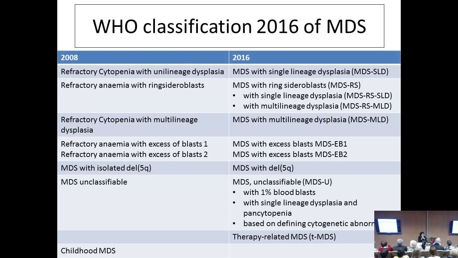And then there is the category MDS unclassifiable, in which cases are put which do not fit in the other categories. And these are MDS with exactly 1% blasts in the peripheral blood, and with single dysplasia but pancytopenia. In order to diagnose an MDS with single lineage dysplasia, you can have one lineage cytopenia or two cytopenias, but not pancytopenia. If you have a single lineage dysplasia and pancytopenia, it's MDS unclassifiable.